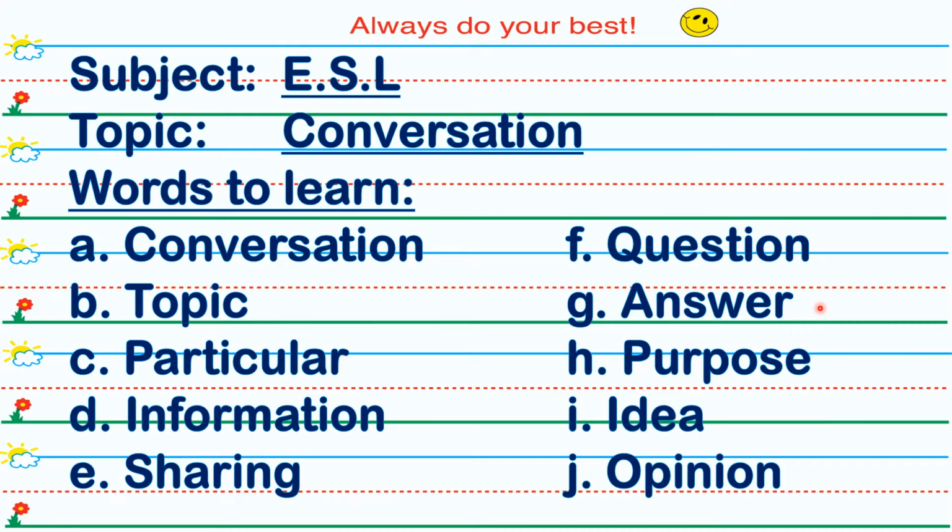Answer means you ask something and you have known the information. Purpose means the reason why you are having the conversation. Idea can be your idea or the idea of the person you're talking to, what's on your mind. And opinion means your own idea. It can be different from the person you are talking to.